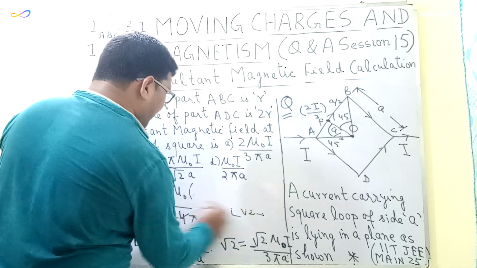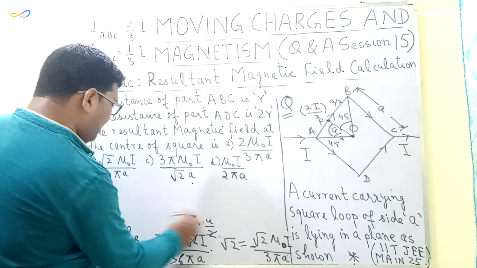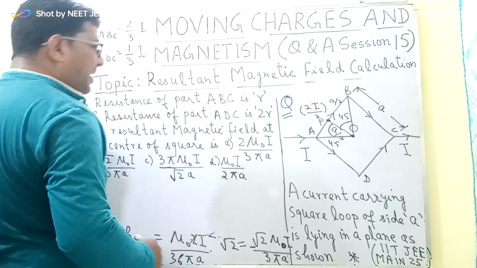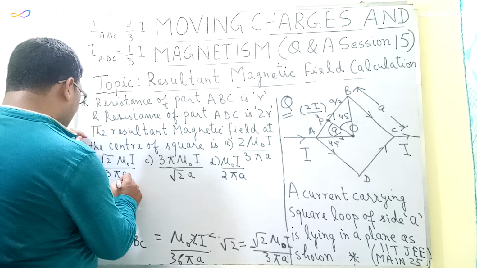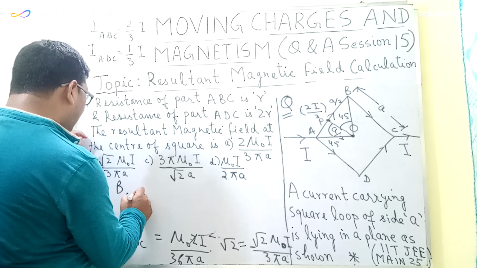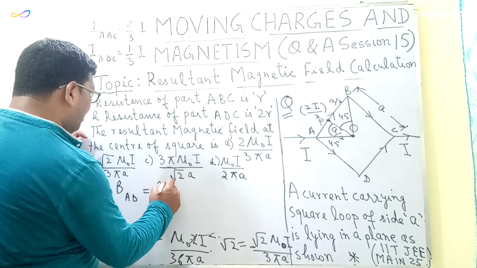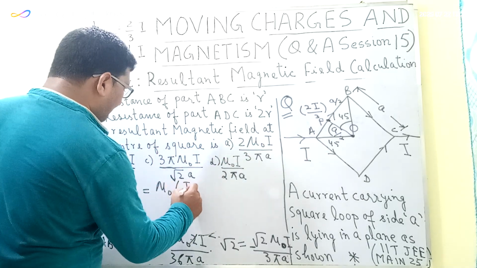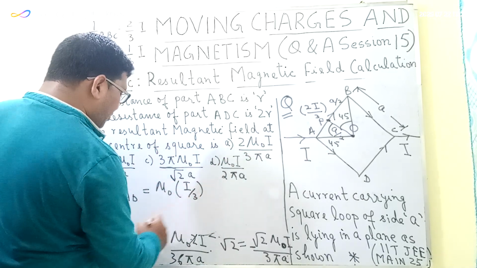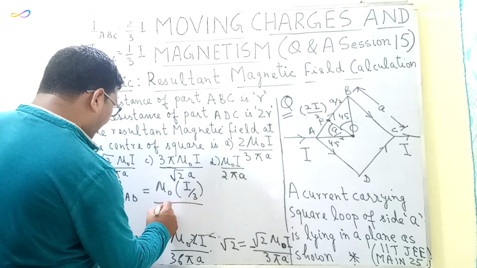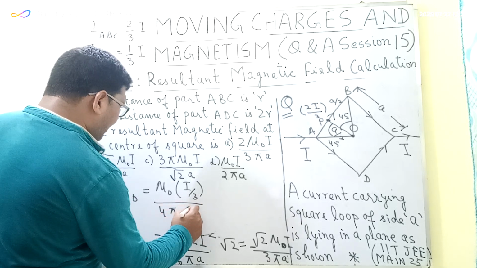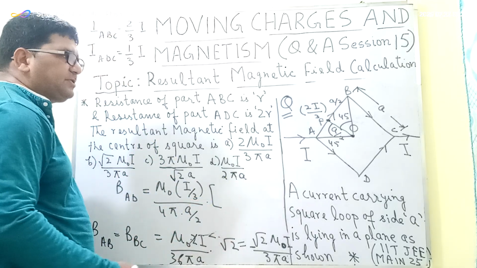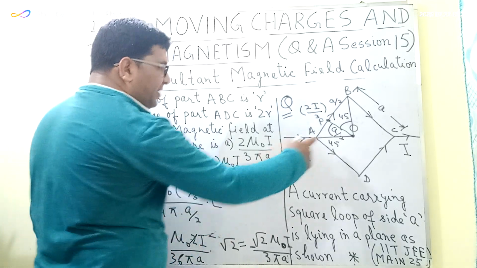Now let's find the magnetic field due to the part AD and DC. So AD, this will be equal to mu naught I, now I in this part is equal to I by 3, mu naught I upon 4 pi r. R is equal to A by 2. Again sine phi 1 plus sine phi 2.